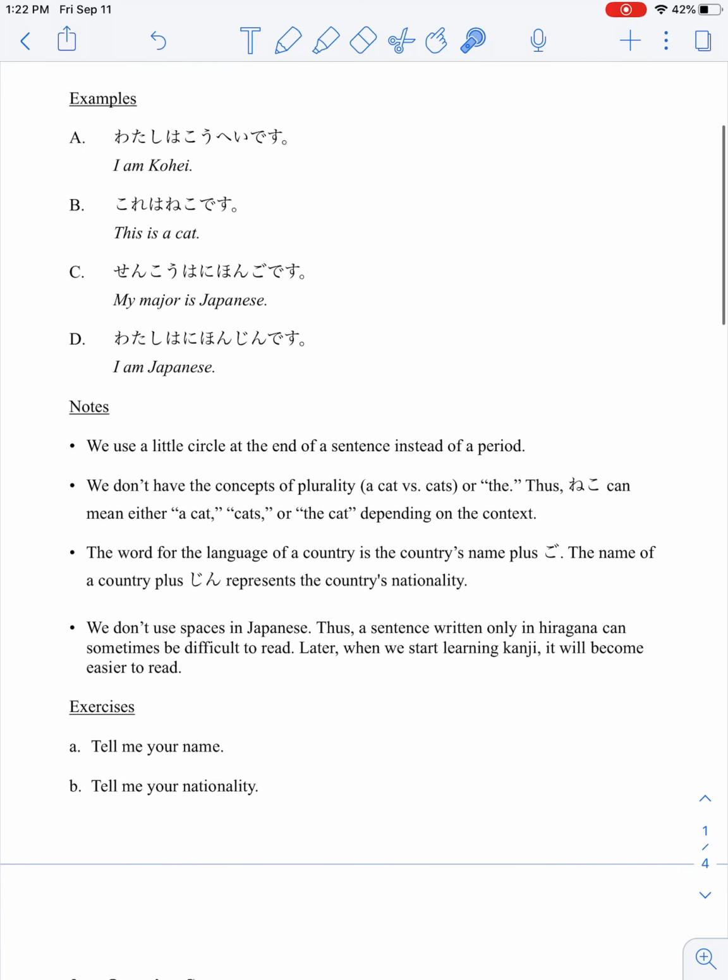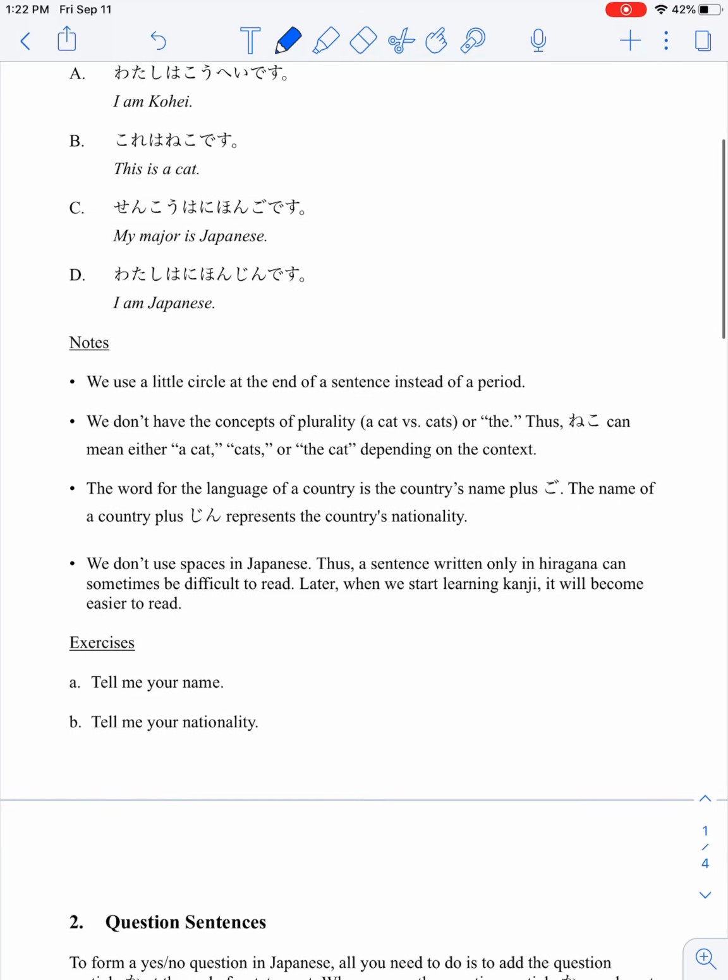Okay, let's do some exercises. First, how do you tell your name? Well, it'll be watashi wa and your name desu.